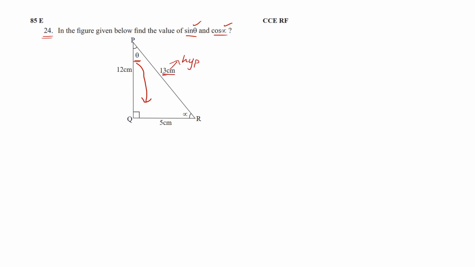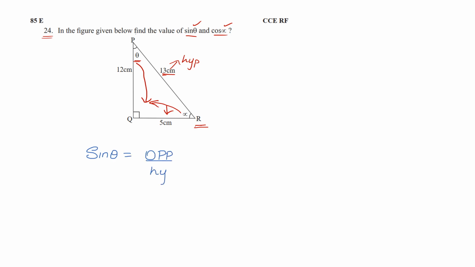Now with respect to alpha, the opposite is PQ and the adjacent is QR, right? So write the formula, sine theta is equal to opposite divided by hypotenuse.